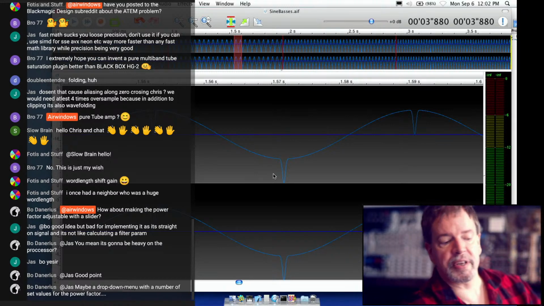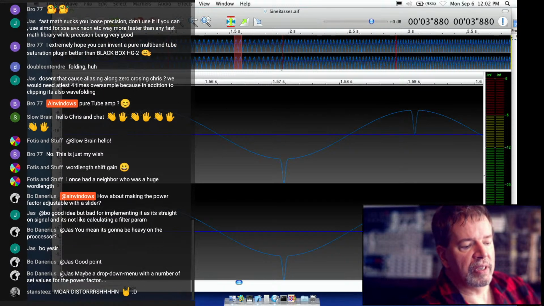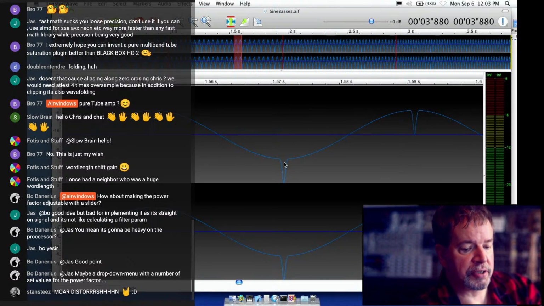We could be doing the same thing with symmetrical processing, in which case the frequency that you had would be making this spike go the opposite direction. And by the way, this sounds like this.